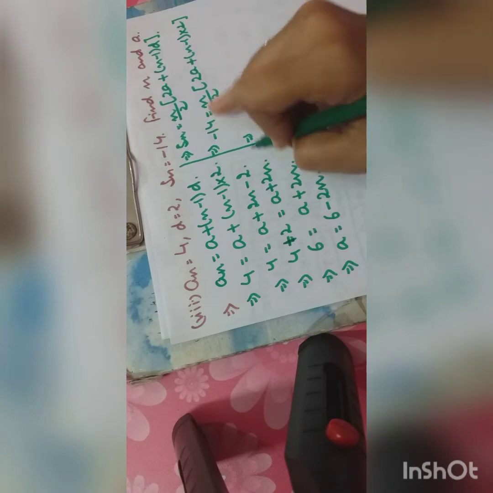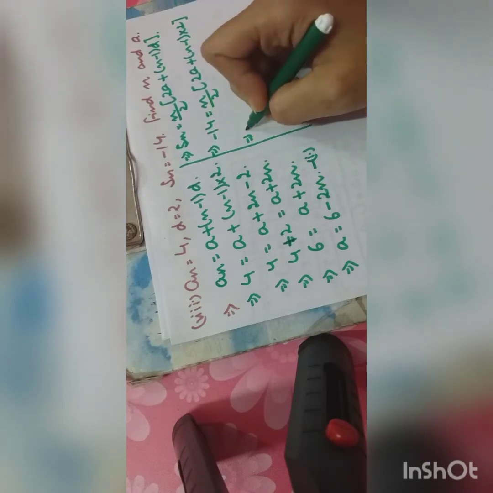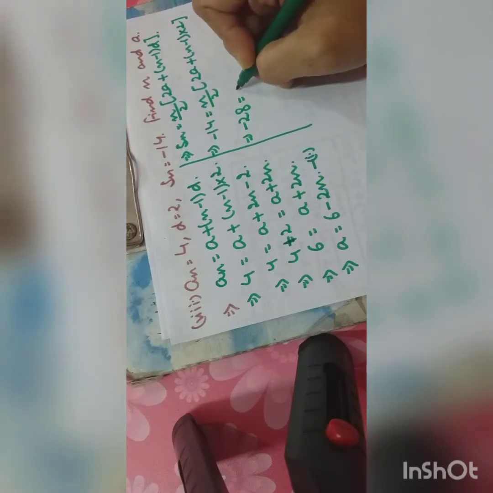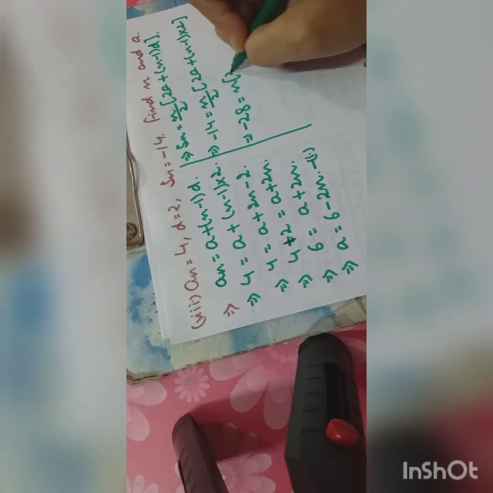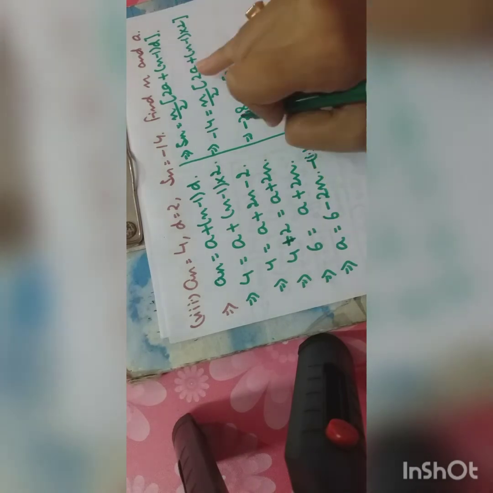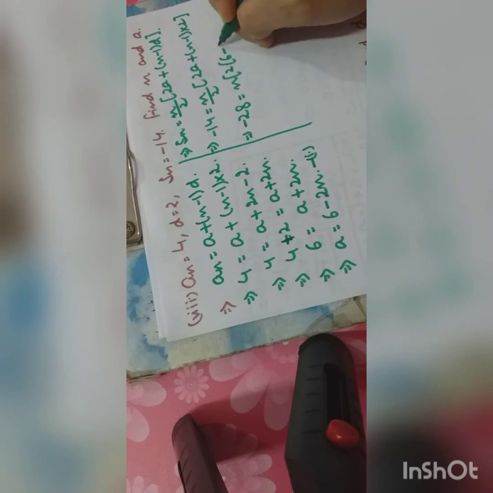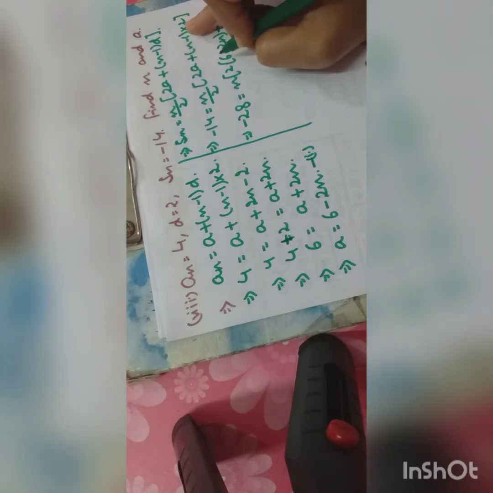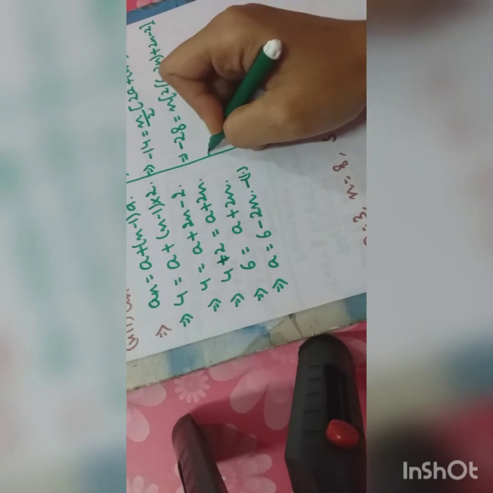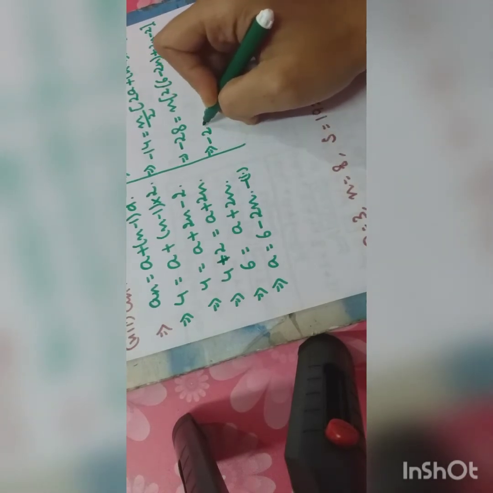So with cross multiplication by 2, it will be minus 28 equals n into 2 into a. From equation 1, the value of a is 6 minus 2n. So in place of a I am replacing 6 minus 2n, plus here it will be 2 into n minus 1, so 2n minus 2.